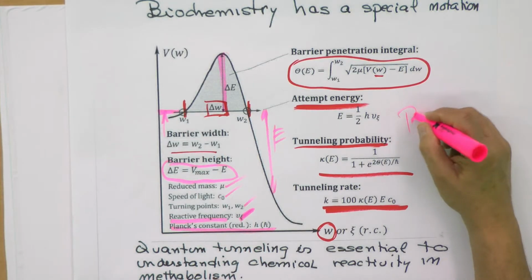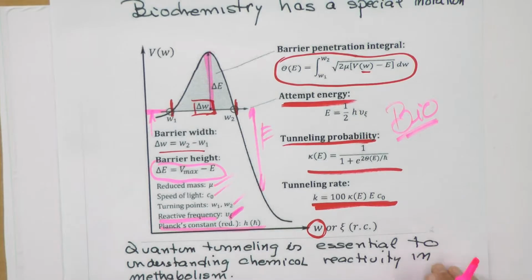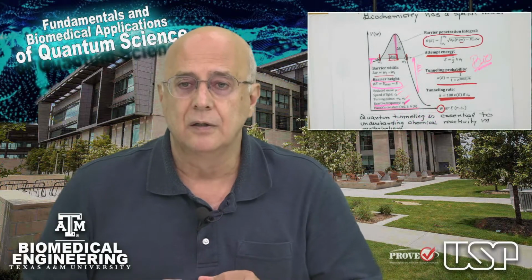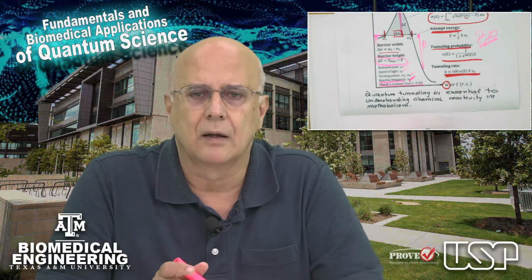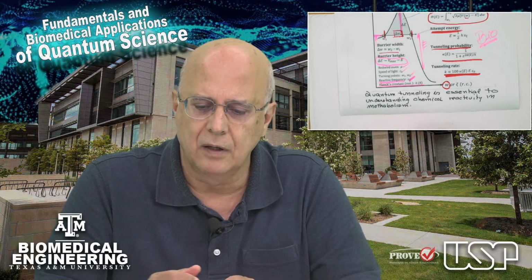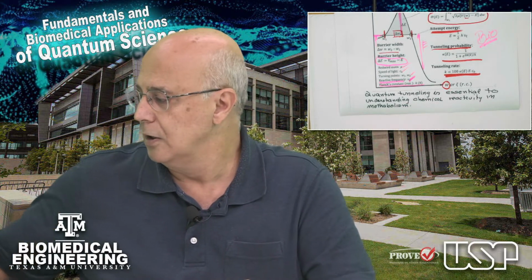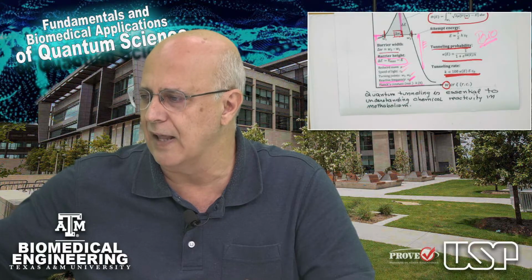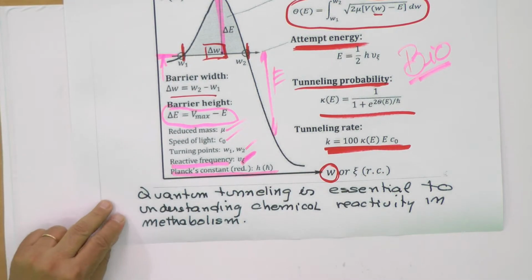So all the biochemistry definition of this reaction tunneling is basically what we deduced in the barrier, right? And that's here. And that determines the rate at which metabolic reactions happen. And there are many of them taking place in your body and many other living objects.